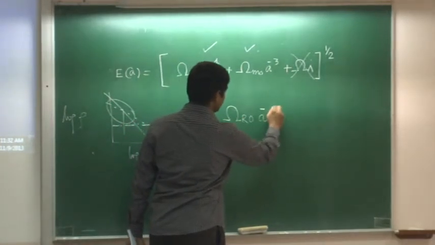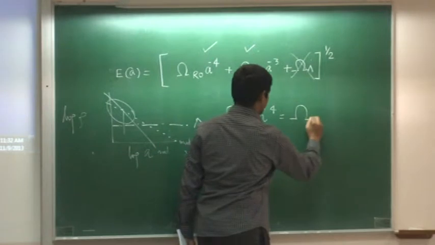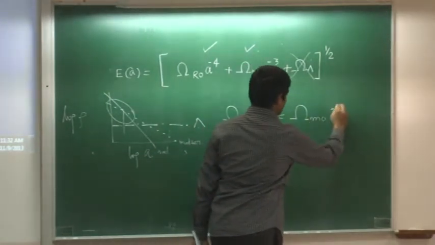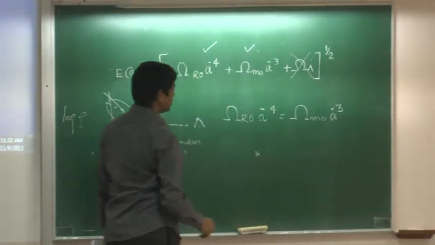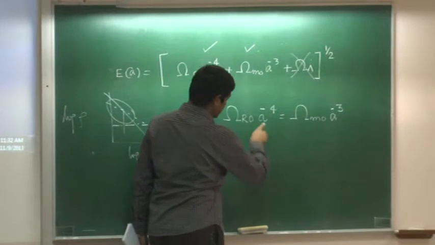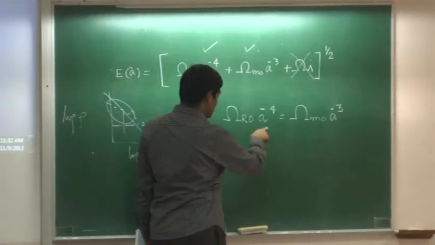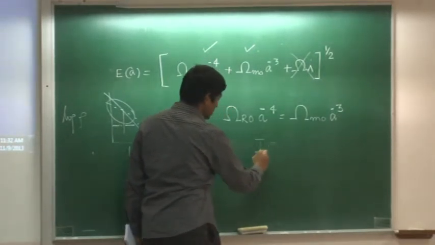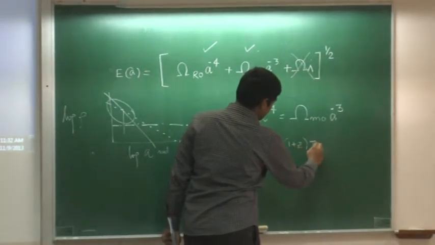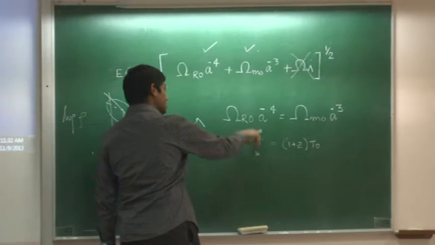I think I had asked you to do this also, but at that time I didn't give you what this is. You know that number now. You can equate these two to find a and the corresponding temperature. So find the corresponding Z, and then you know T at that Z is 1 plus Z times T0, so you can find the temperature corresponding to that.